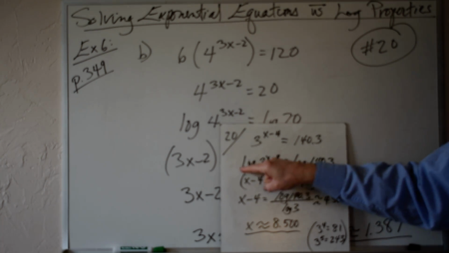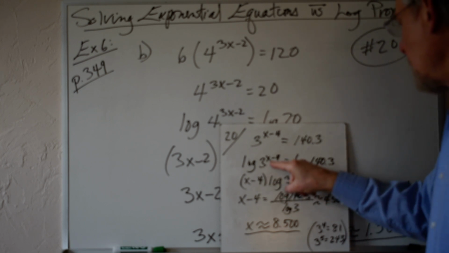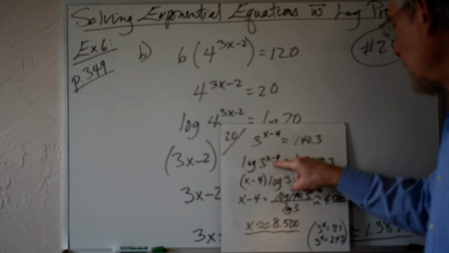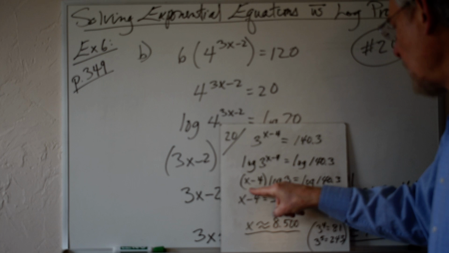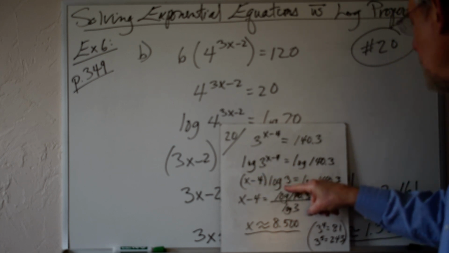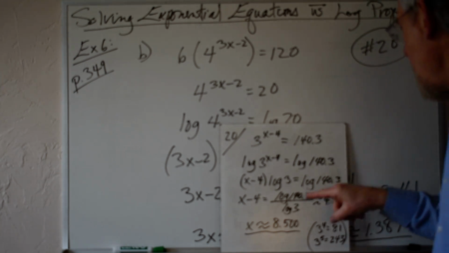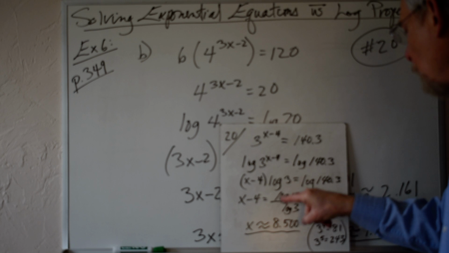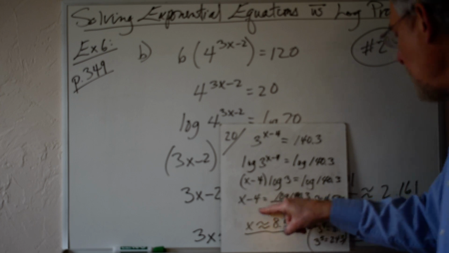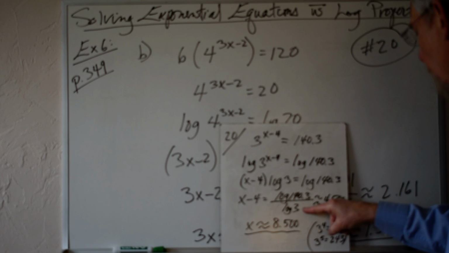You could have also taken the natural log of each side, doesn't matter. Here I can move my exponent, x minus 4, out there, so I get x minus 4 quantity times log 3 equals log of 140.3. I divide each side by log of 3. So I get x minus 4 equals log of 140.3 divided by log of 3.